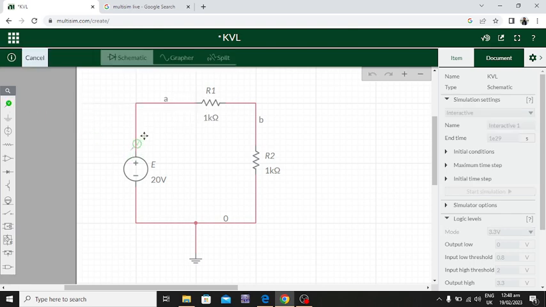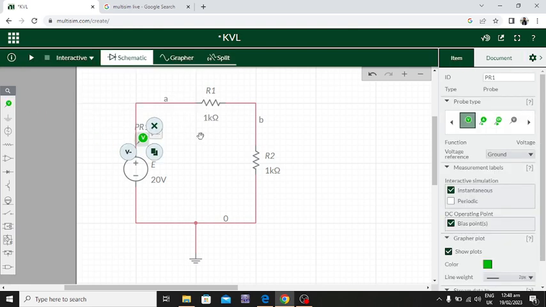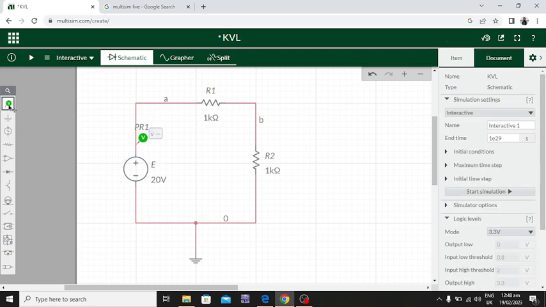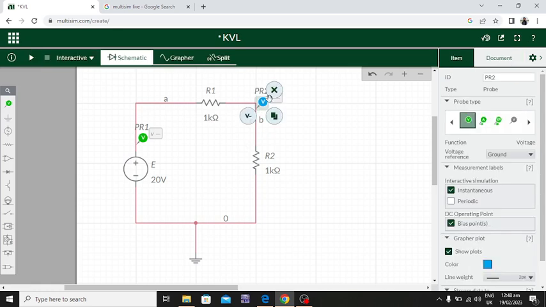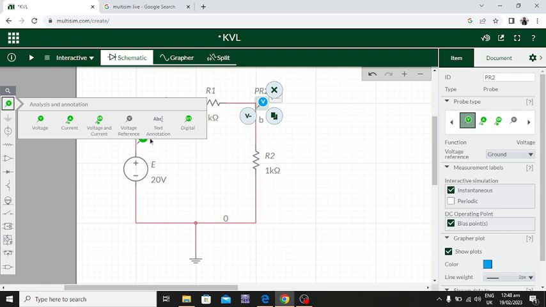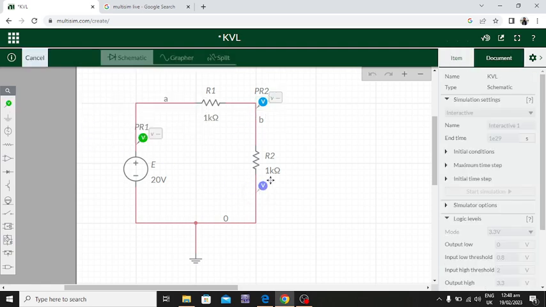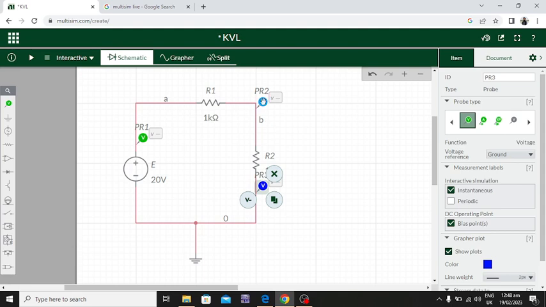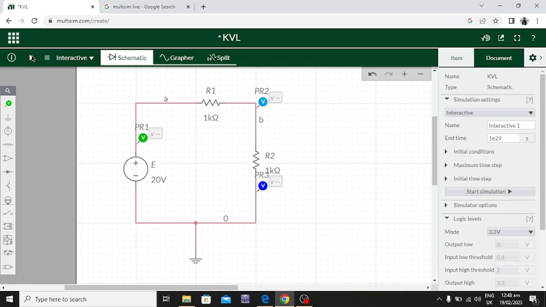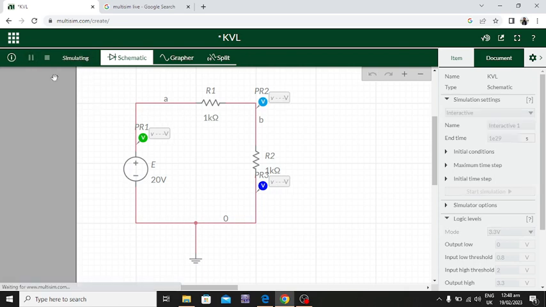Voltage over here, voltage over here, and voltage over here. Everything is completed, and now just click this button and you will get the simulation ready.